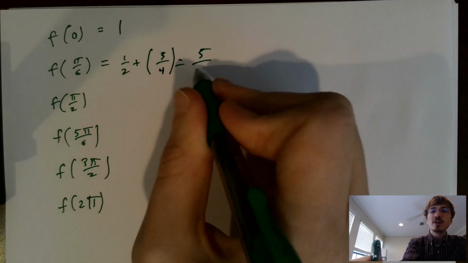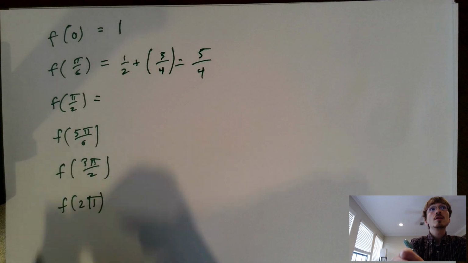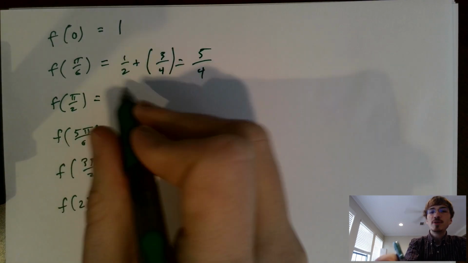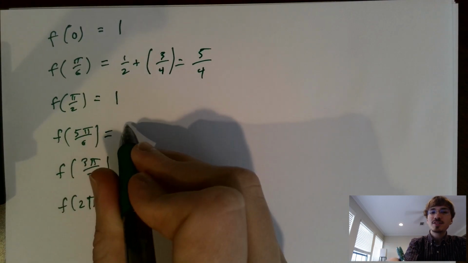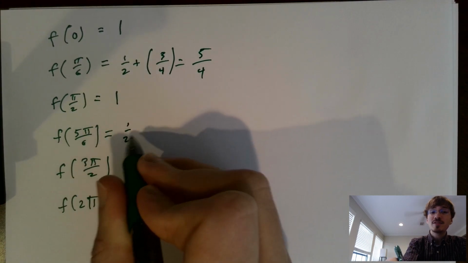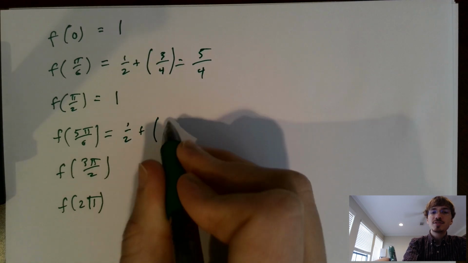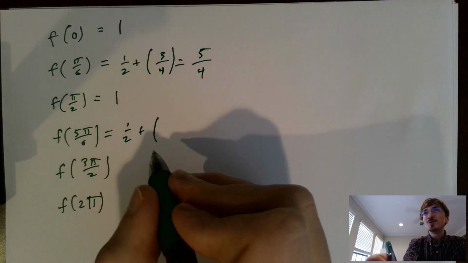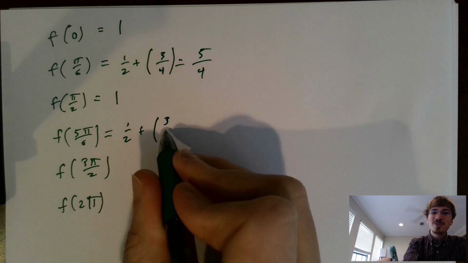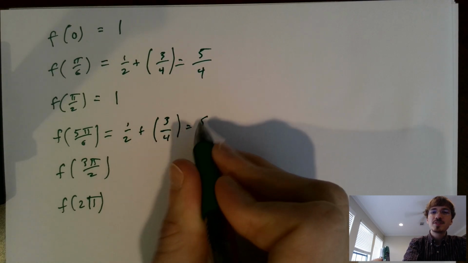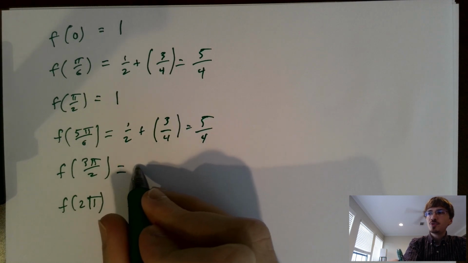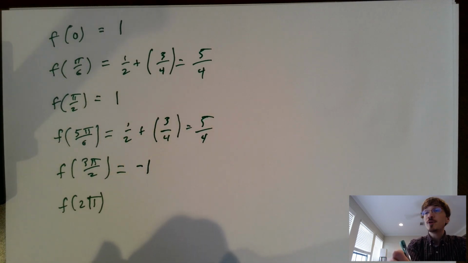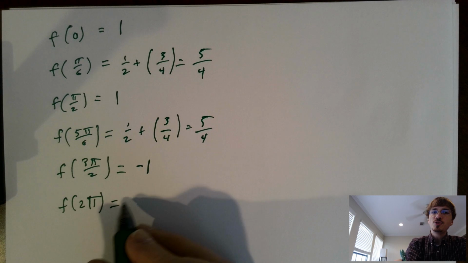So this looks like 5/4. f of pi over 2: sine pi over 2 is 1, cosine pi over 2 is 0. f of 5 pi over 6: sine 5 pi over 6 is 1/2, plus negative root 3 over 2 squared, so that's another 3/4, to give us 5/4. f of 3 pi over 2 is negative 1, because sine 3 pi over 2 is negative 1. And f of 2 pi is again 1.